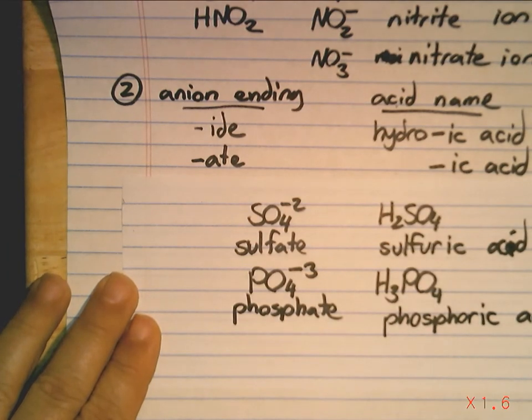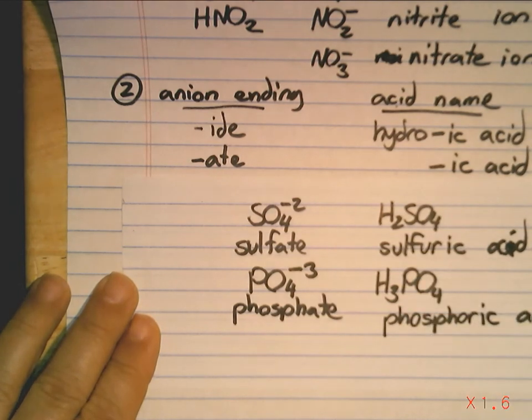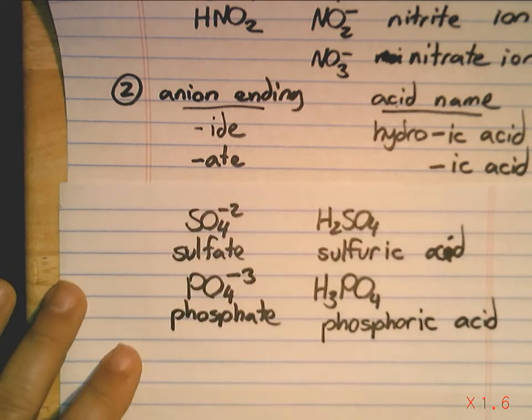So I'm really kind of using the element stem, the name of the element, when I am making these names up. So this is sulfur, I put sulfuric acid. This is phosphorus, I put phosphoric acid in there. It's a little bit irregular. All right, it isn't entirely straightforward. I would remember a couple of these common acids, just how it works.